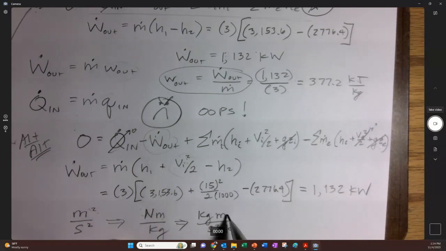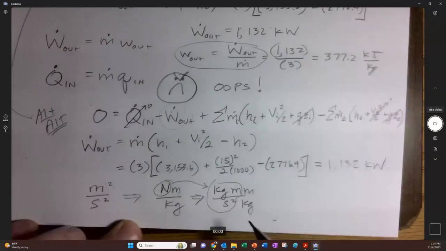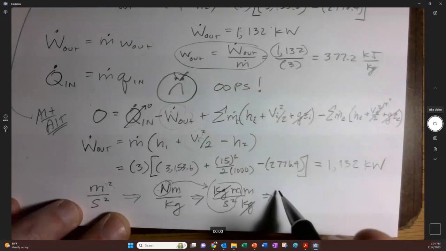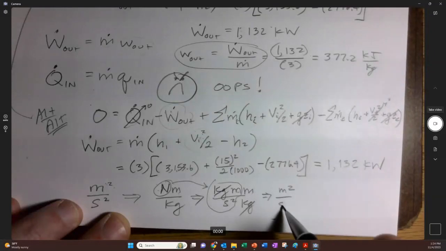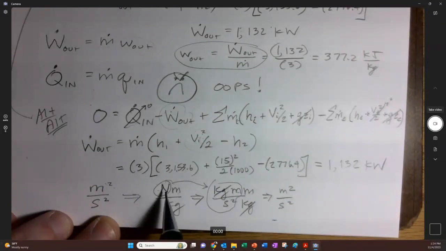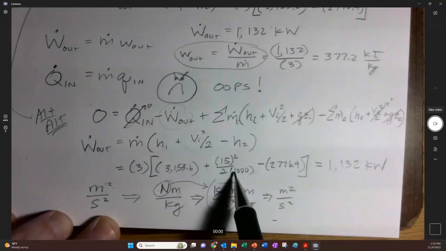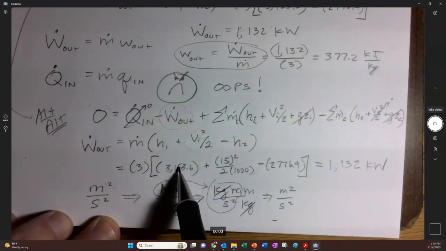And this also was a meter right here, right? So a Newton turns into that. And then your kilograms cancel, and there's 2 meters. So this is the same thing as meters squared per second squared. And notably, I just did a Newton meter, right? So this turns into a joule per kilogram, but we have kilojoules per kilogram.